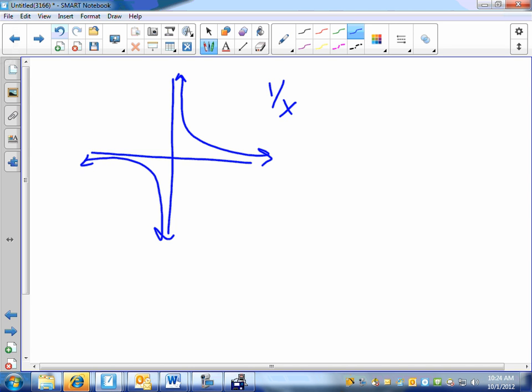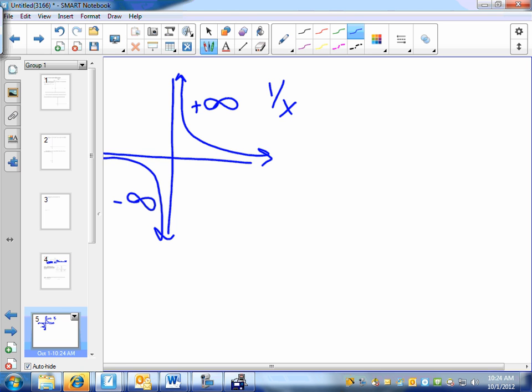First of all, is it defined at 0? No, f of 0 does not exist. Second, does the limit as x approaches 0 exist? No, because from the left you get negative infinity, and from the right you get positive infinity. So the limit does not exist. So already 1 over x is not continuous at 0. It fails the first one, and it also fails the second one.